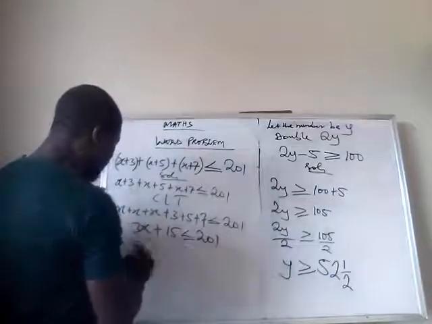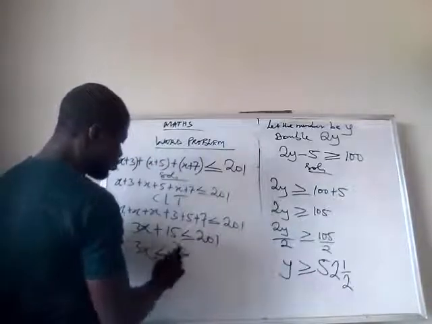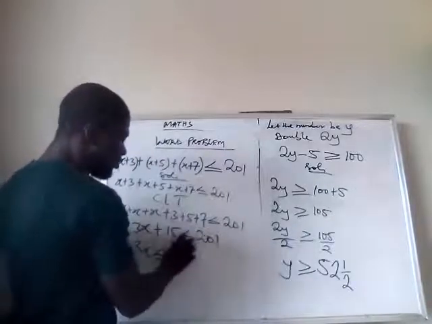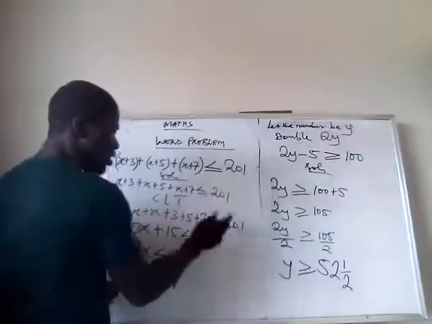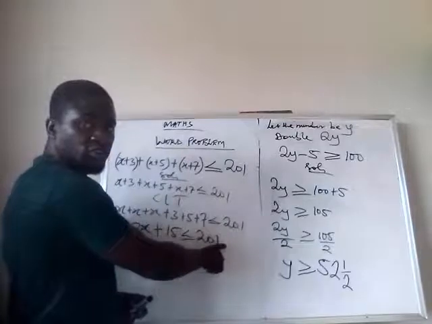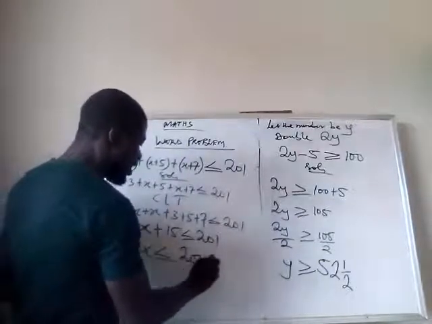So you have 3x is less than or equal to, this one crosses the inequality sign. When it crosses the inequality sign, it will change to minus. So you have 201 minus 15.